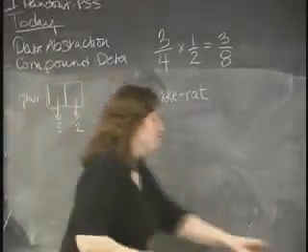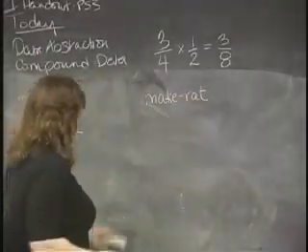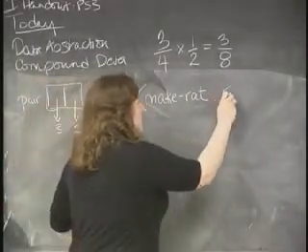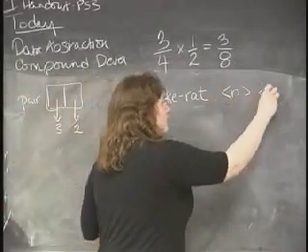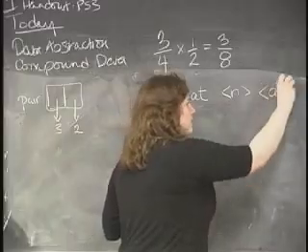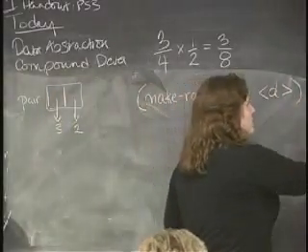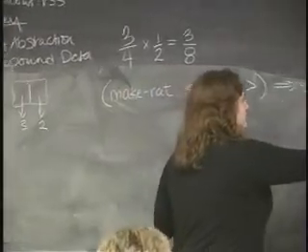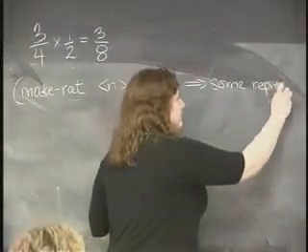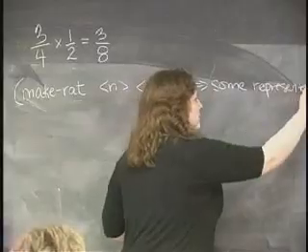Well, let me not define it yet. We'll define it later. We're going to have makeRat, which is going to take a numerator and a denominator and return some representation for a rational number.